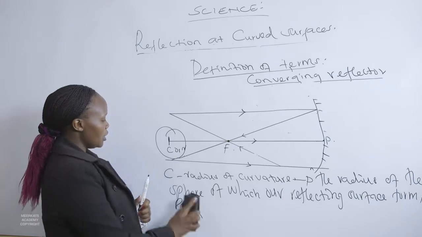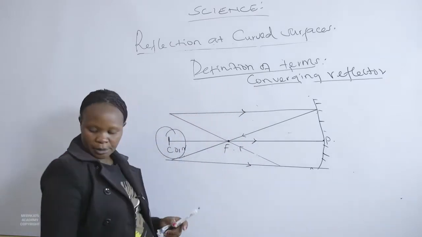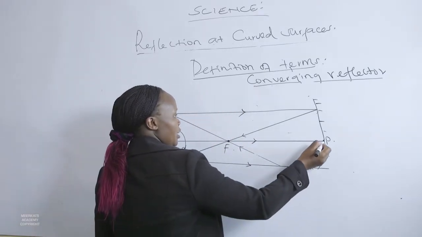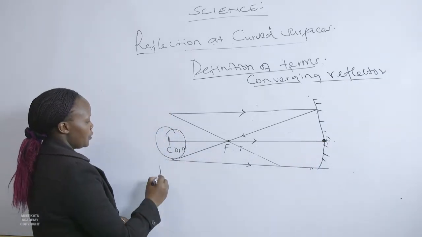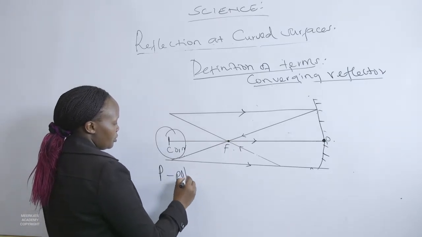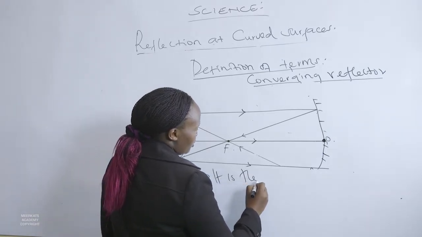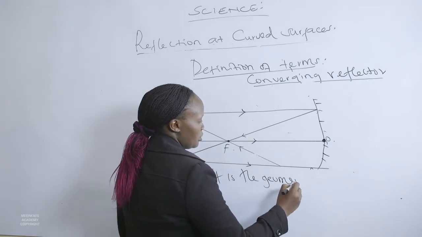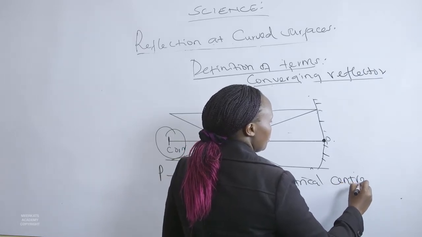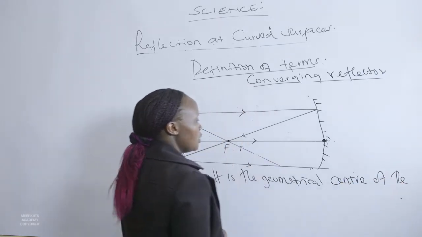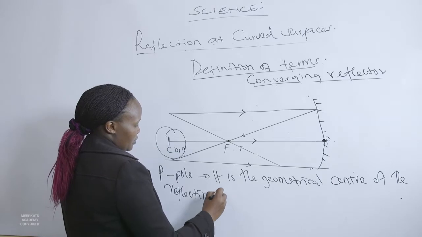Now we also have another point which is equally important, a point we are calling P here, a point P which we call the pole, and the pole is actually the geometric or the geometrical center of the reflecting surface.